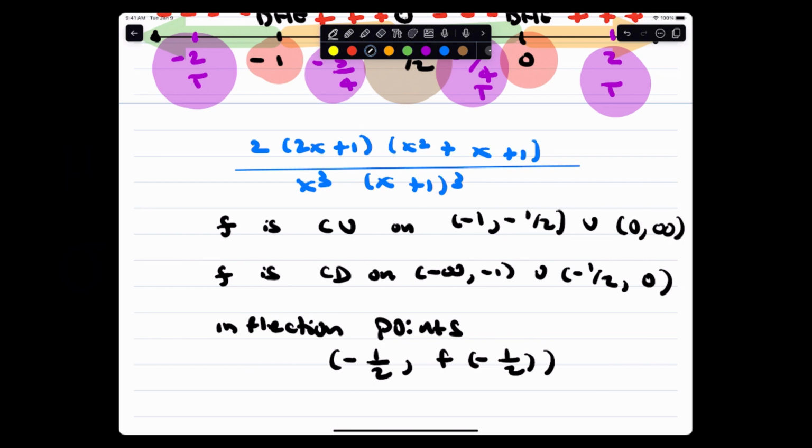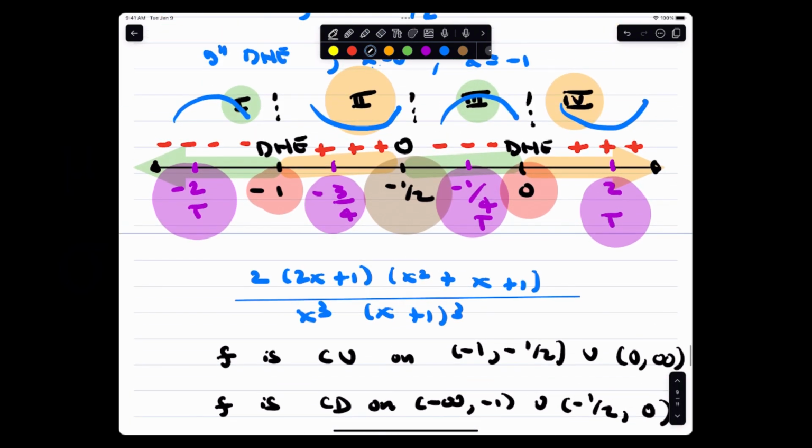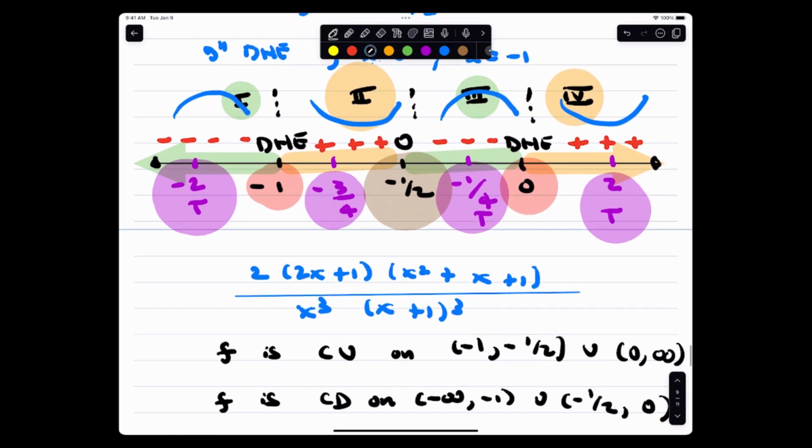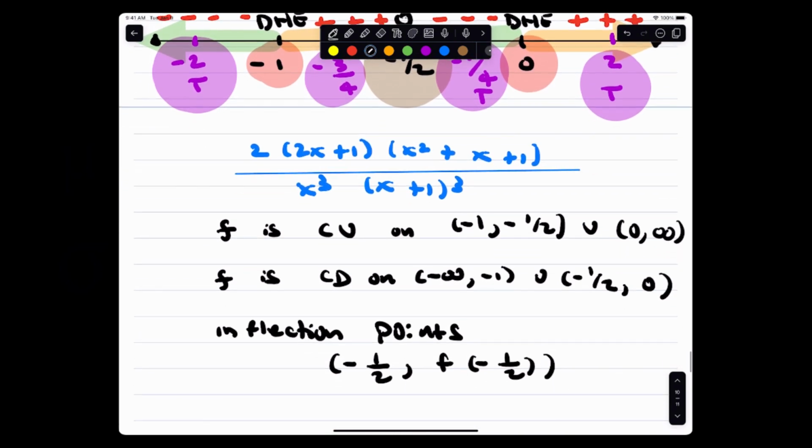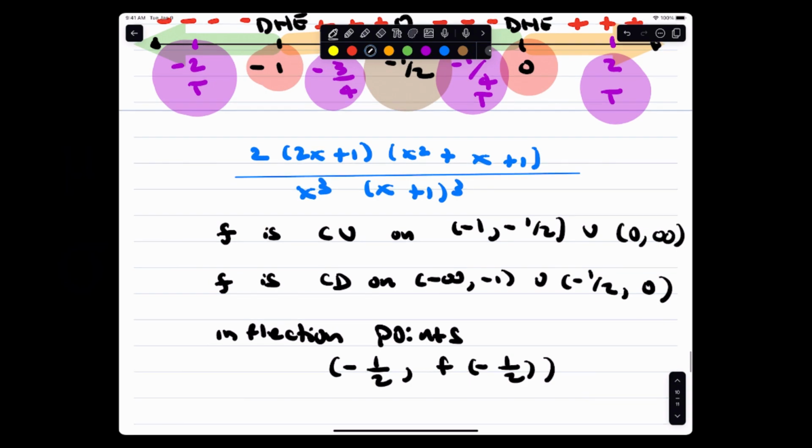So remember, you got to have a point on the curve to be an inflection point. If it's not, it can't be an inflection point. So if those other locations confuse you, it goes back again to the definition. What does it mean? You got to be a point in the domain.